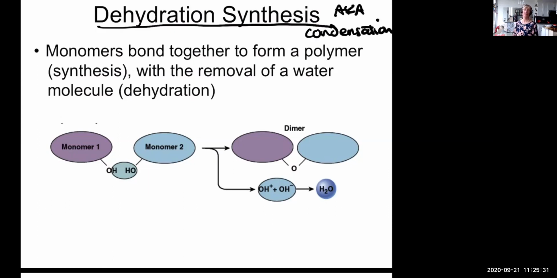So that's why it got the name dehydration synthesis or condensation. So the water molecule is removed. In other words, the hydrogen from one monomer binds with the hydroxyl group from another monomer, thus making a water molecule. And the two monomers are covalently bonded together now.